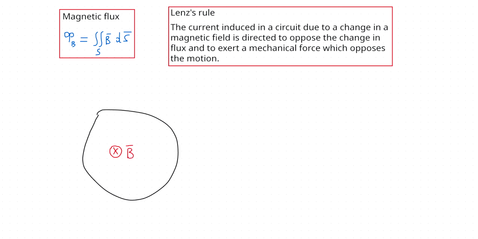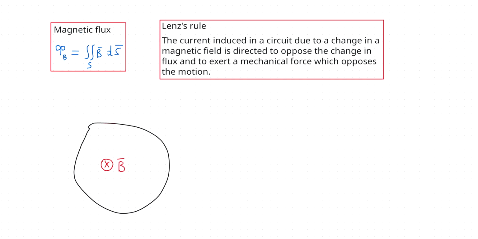Vector of magnetic induction is directed from us to the screen. And the question is, what will be the direction of induction current in this circuit? There are two possible directions: this and this. And the question is how to define the correct direction.